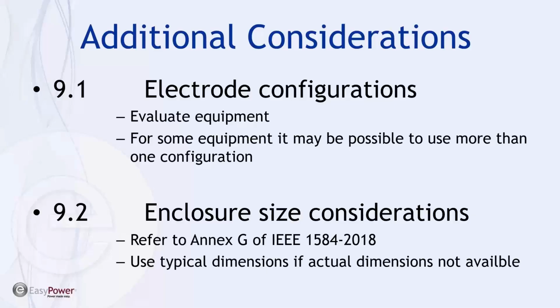So for some equipment, it may be possible to use more than one electrode configuration, which has been a policy that we followed since the release of 1584 2018, where they define the electrode configuration. So there's frankly not much help or definition, new information on that topic.